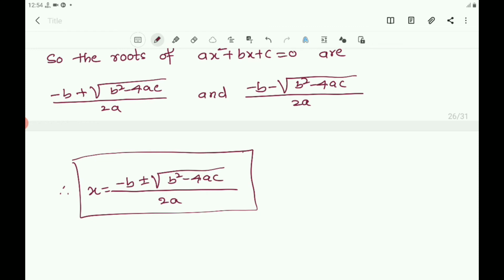Here, what are a, b and c? They are the real constants, and x is the variable in the quadratic equation ax² + bx + c = 0.